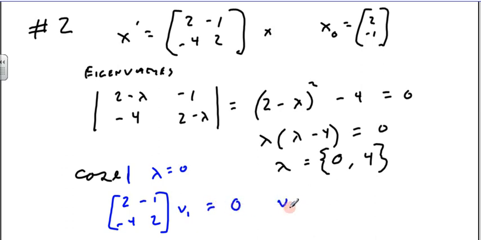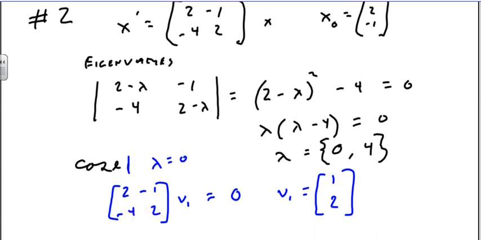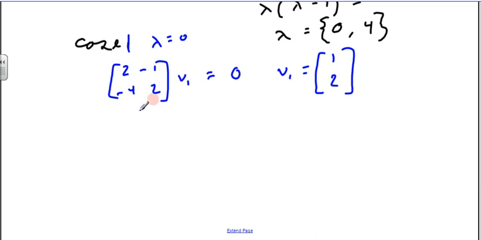And by inspection, I get that v1 is going to be 1 and 2. 2 minus 2 is 0, 4 minus 4 plus 4 is 0. So that's my first one.